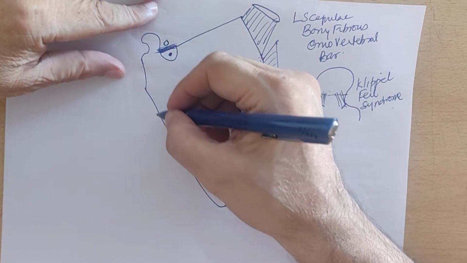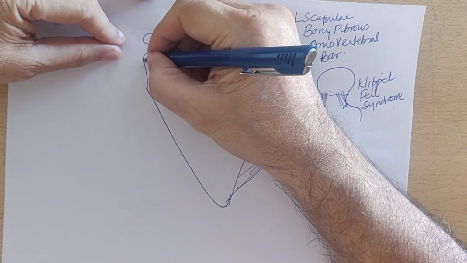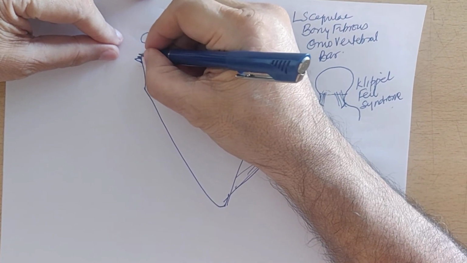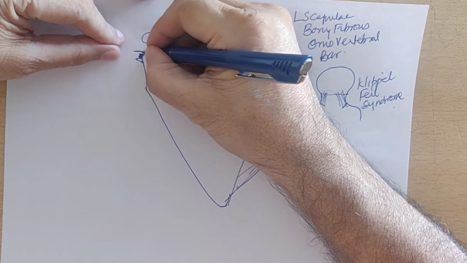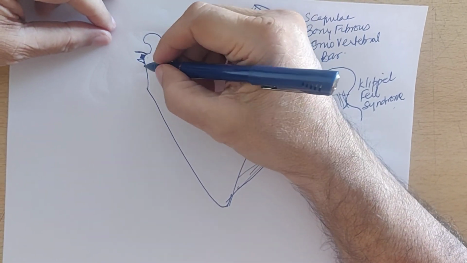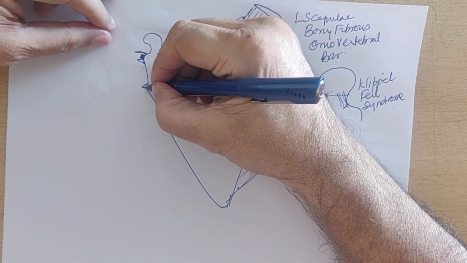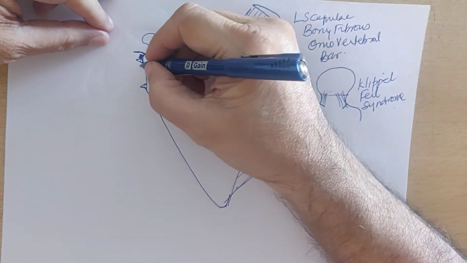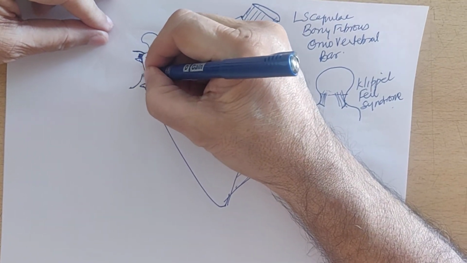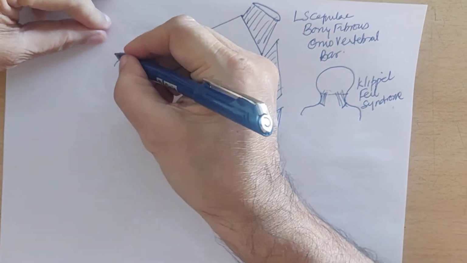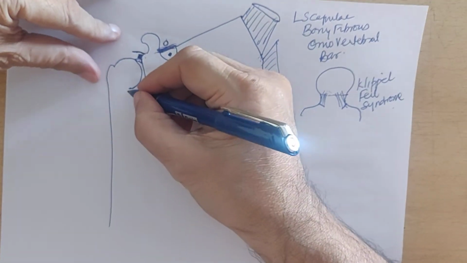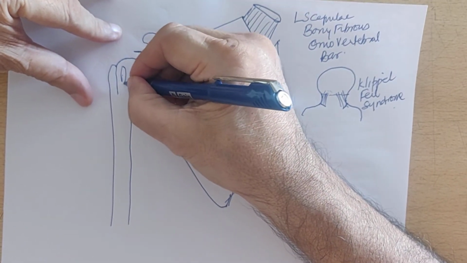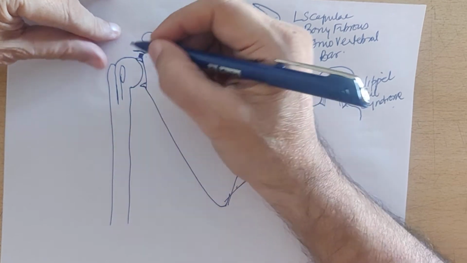For understanding the attachments on the lateral border, we have said that there will be the glenoid labrum, then there will be the long head of biceps, and then there will be the capsule on the supraglenoid tubercle. Inferiorly, you have the inferior part of the glenoidal labrum, and we will have to again place the head of the humerus and put the greater tuberosity and the shaft and put the bicipital groove here and the lesser tuberosity.